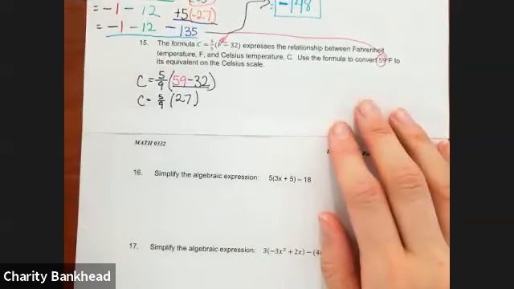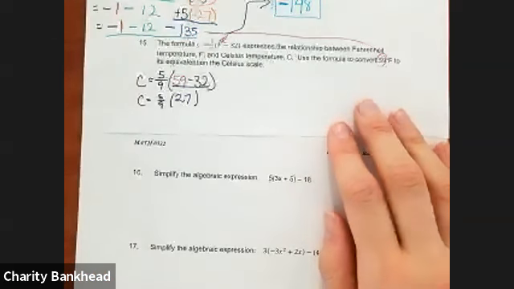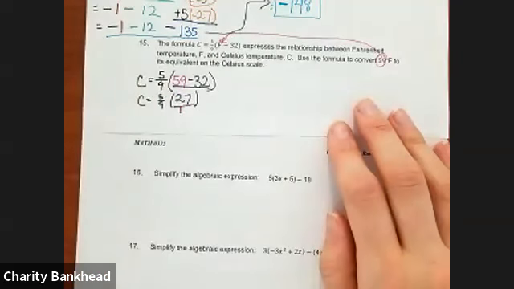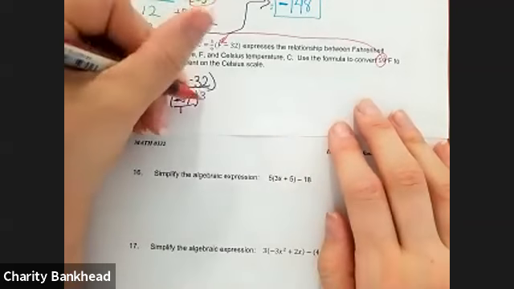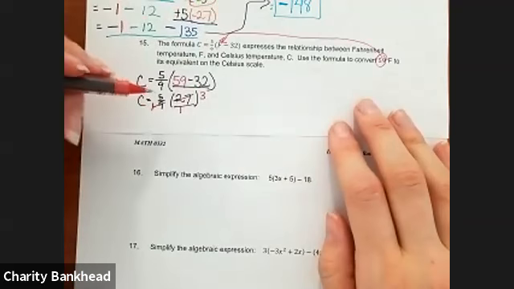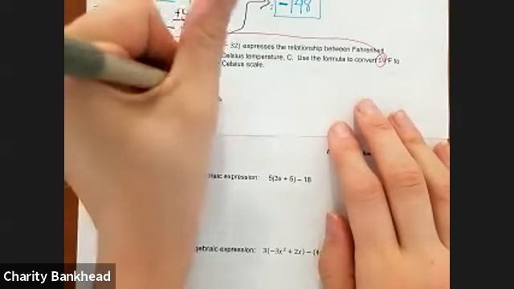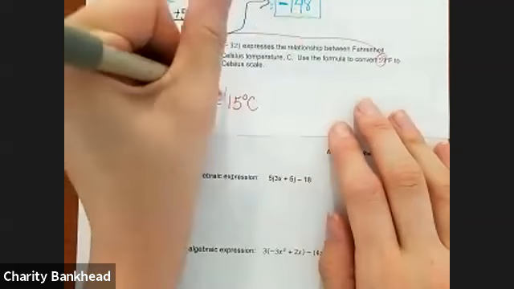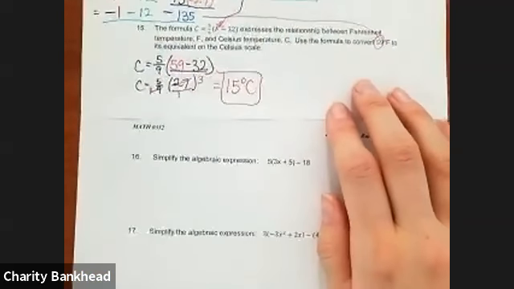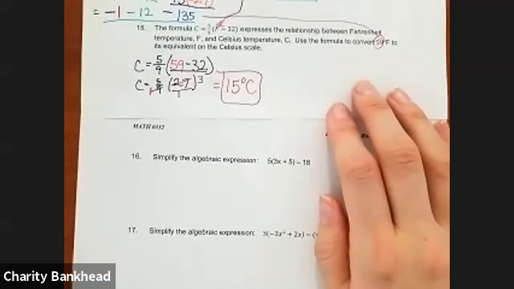Okay, well, 27 is the same thing as 27 over 1. So 5/9 times 27 over 1. Well, I know that 9 goes into 27 3 times, and 9 goes into 9 1 time. So it's basically just 5 times 3. So it equals 15 degrees Celsius. So 59 degrees Fahrenheit equals 15 degrees Celsius.